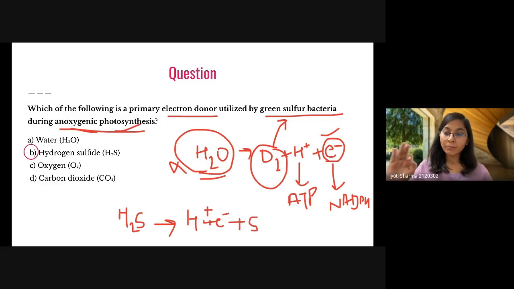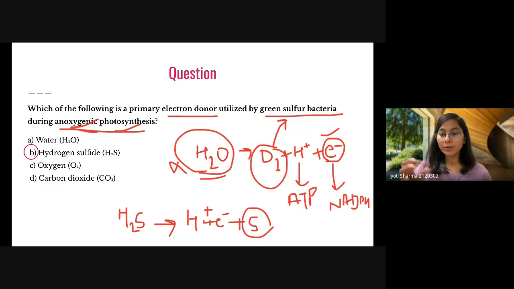The bacteria will produce their food by themselves. There is photosynthesis, but that photosynthesis is not oxygenic. That photosynthesis will not produce oxygen. So that's why this photosynthesis is anoxygenic, because we are releasing sulfur.